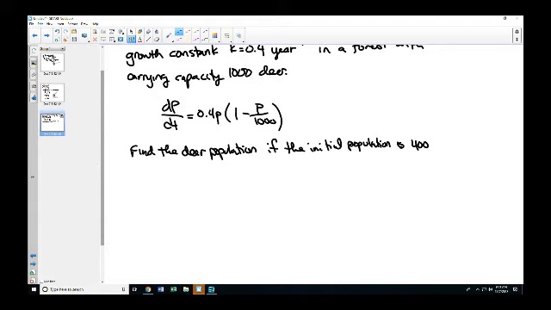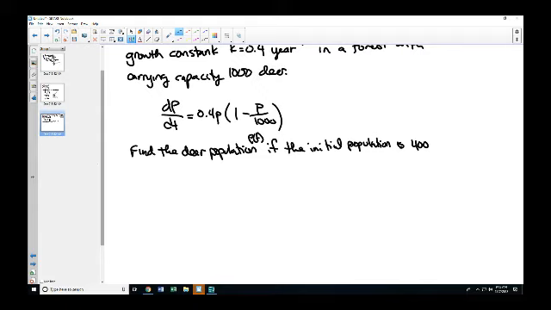Yeah. Should make that a better question. Find the deer population equation. So what are we asking you to do here? Find the solution. Yeah, just write the solution equation, right?